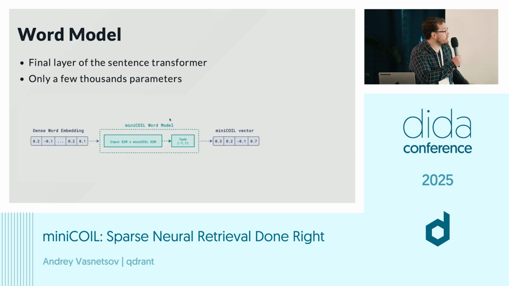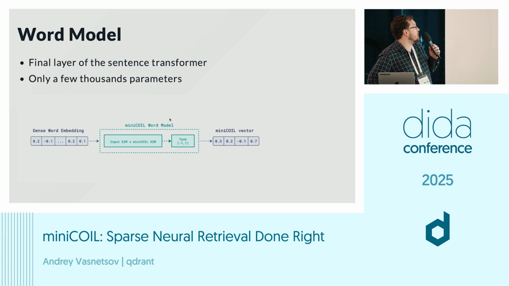And the model itself is also very simple. First of all, we do not want to train big models on our own. We know that there are companies which are doing this much better than we do. But we do want to reuse already trained models to our advantage. So what we do, we actually train only a small layer on top of the traditional sentence transformer.